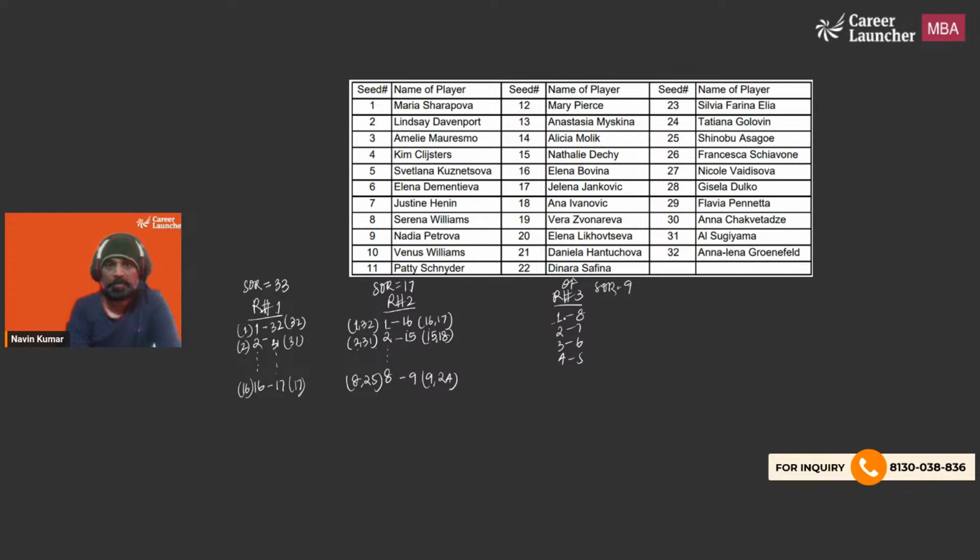Now, who is going to be there at rank number 1? So at rank number 1, 1 will be there. Now 1 plus what is going to give us the previous round sum of ranks? 1 plus what is 17? 16. Now go to the previous round, the one before it as well. Sum of ranks is 33. 1 plus what is 33? 32. 16 plus what is 33?